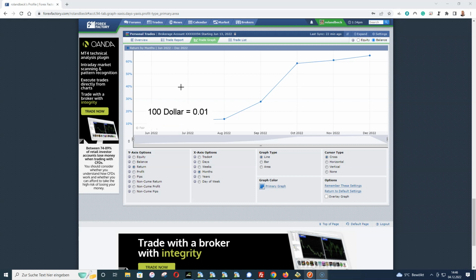If we later have, for example, $200, I go with 2 micro lots. And if we have enough winners and my account goes up and we have $300 on it, I go with 3 micro lots, and so on.